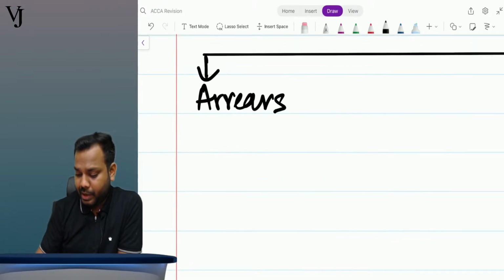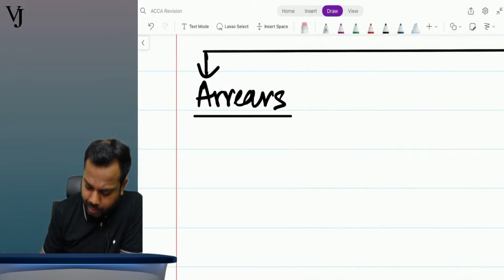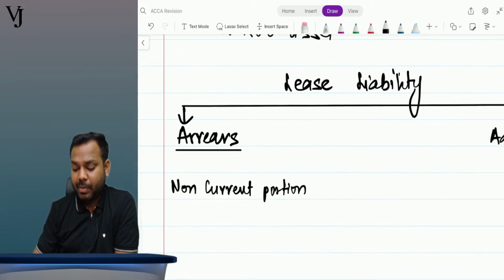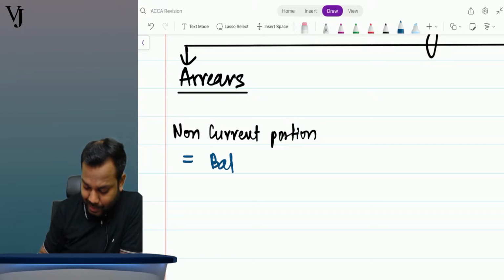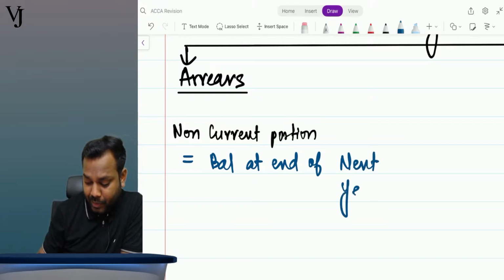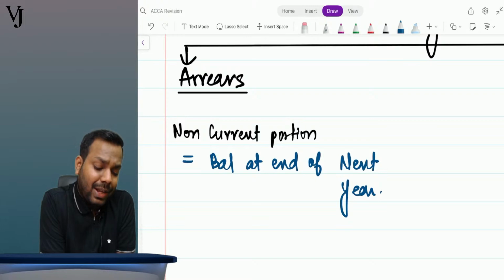Now if it is arrears, then if the lease payments are made in arrears, the non-current portion will be equal to the balance at the end of next year. Let's suppose you have calculated the lease liability, and the question asks what is the non-current portion of lease liability on 31st December 2022?